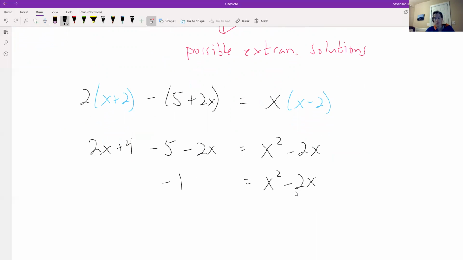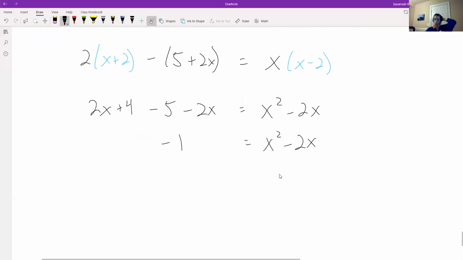Okay, now, as I mentioned earlier, we typically like everything on the left, and then we're going to create a 0 on the right. So as I move my x squared across the equal sign, it becomes negative. As I move my negative 2x across the equal sign, it becomes positive. I already had a minus 1. Now here's the part where you can get clever and creative.